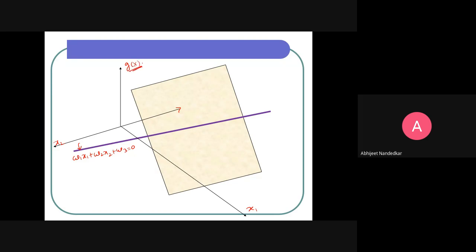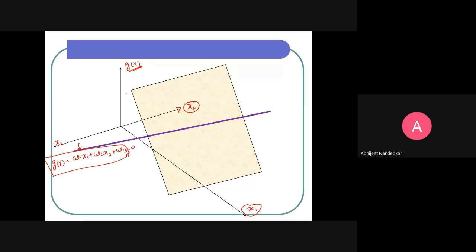So this is the function which I am looking at, and I will say g of x is equal to this term. If I plot this g of x by varying all possible values of x1 and x2, the two variables I have, then you will get such a plane which has some slope.